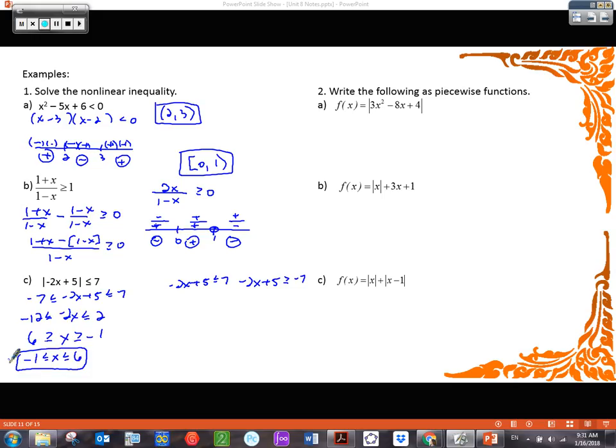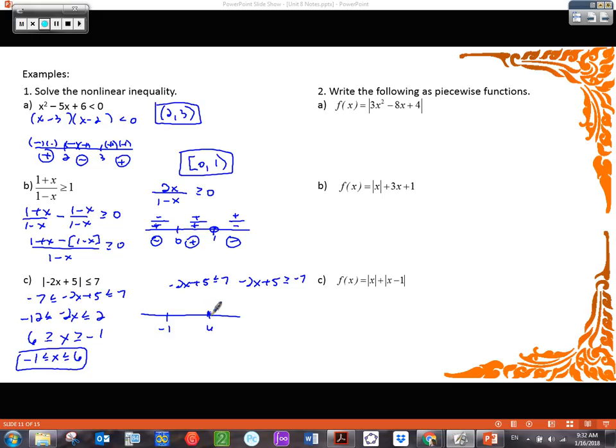Now, we could just be happy with that and go on our little way, but we need to be cautious to make sure that that's the actual answer, right? What if the graph doesn't support that? So let's just make sure that the graph supports what we just did. So we have a -1 and a 6. It says 6 has to be bigger than or equal to x, or x has to be less than or equal to 6.